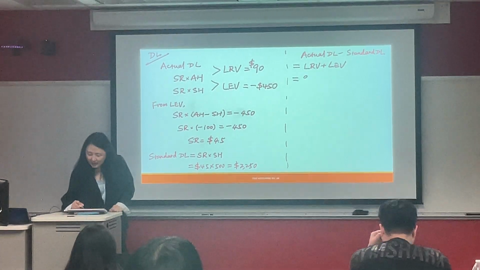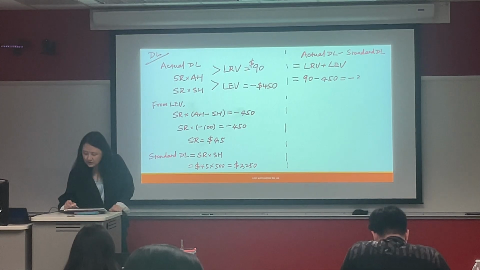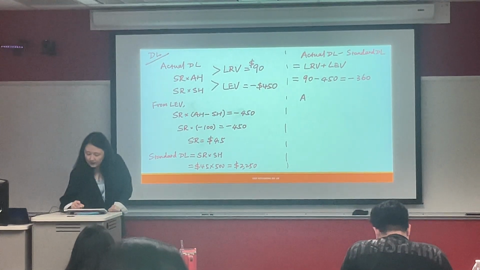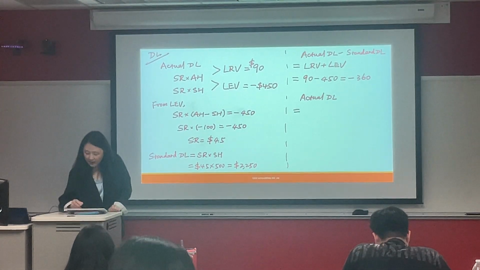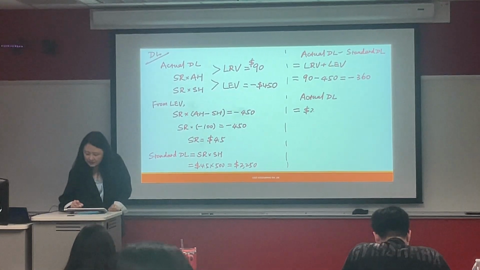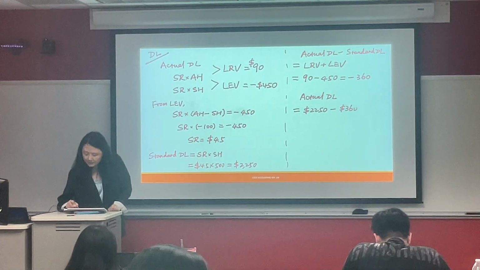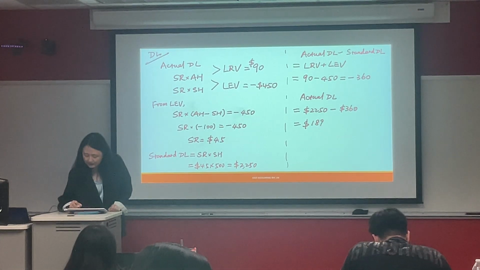So then that will be 90 minus 450, then we get negative 360. We okay? So then, because I already know the standard cost, I can calculate the actual cost, so then that will be the standard minus 360, okay? So that's 1890.